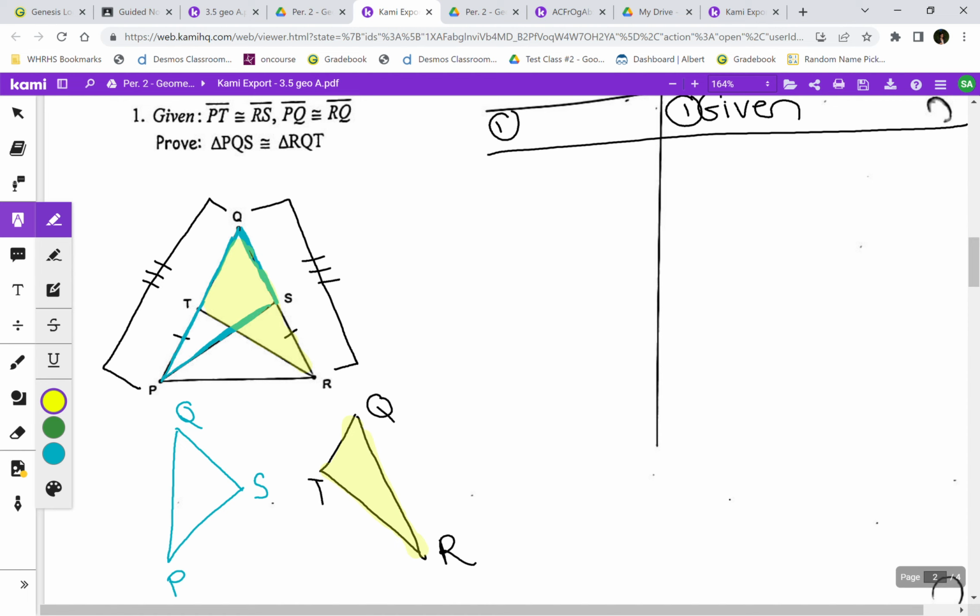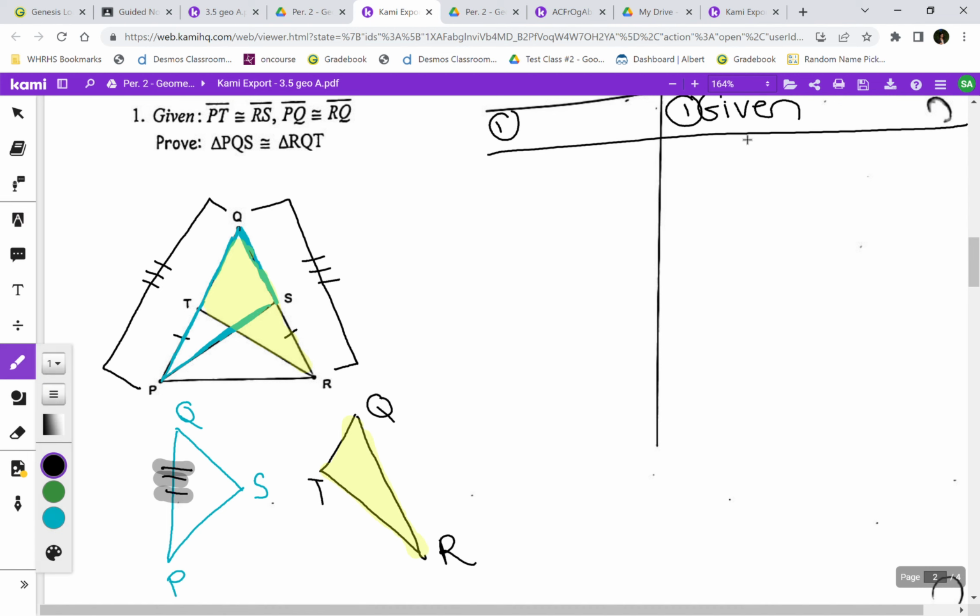QP and QR, do those count as full sides? Absolutely. So I'm going to mark that on my pulled apart triangles. QP and QR counts as a side. So at this point, after going through my given information, I only have a side.